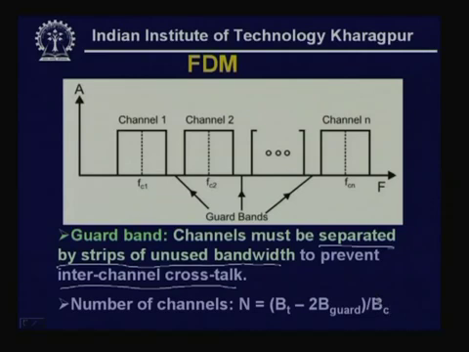The bandwidth allocated to each channel is BC, and BT is the total bandwidth minus 2BG. So this is how we get the total number of channels that is possible in case of frequency division multiplexing.